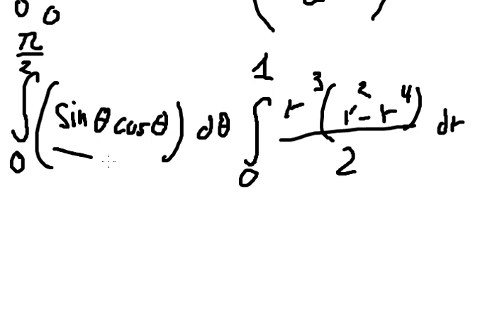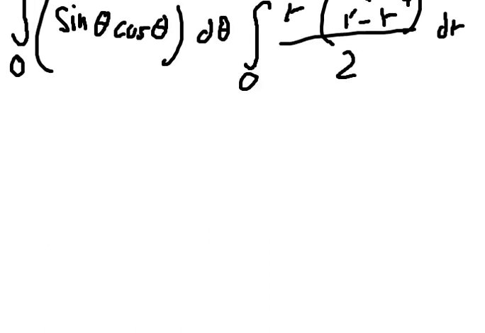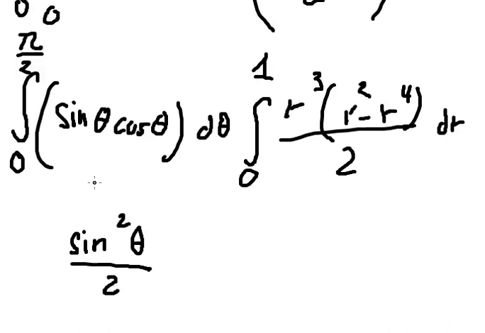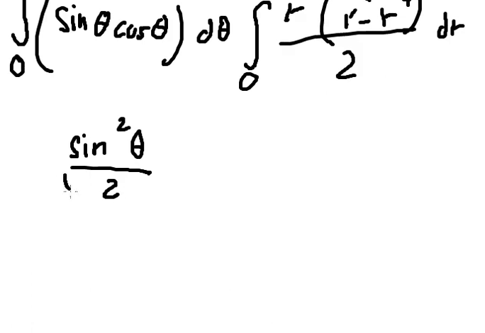So the integration of this one is sine theta to the power of 2 over 2. To calculate this one, you can use integration by substitution. So you need to put u equal to sine theta, and you will have this one.